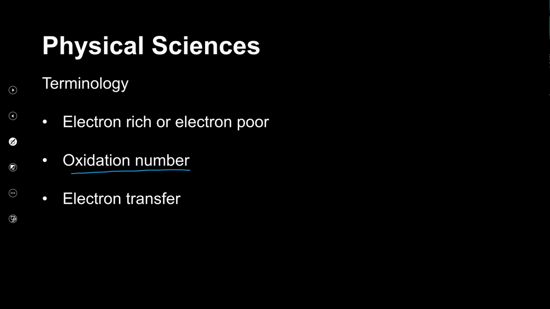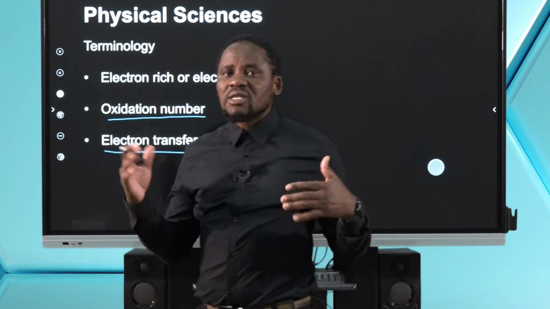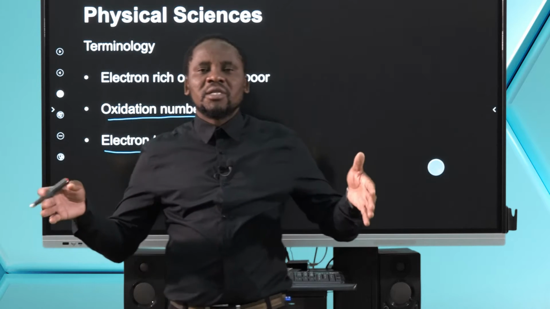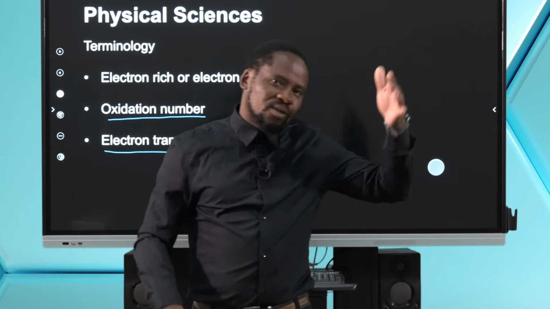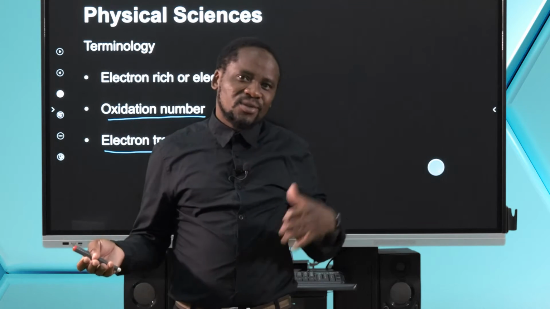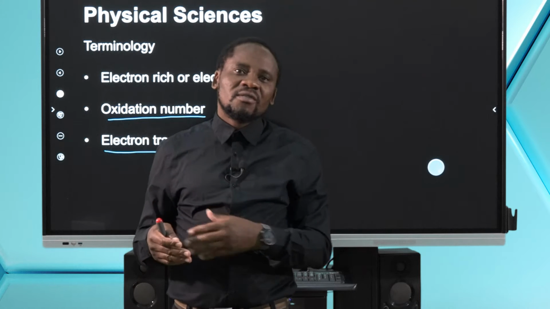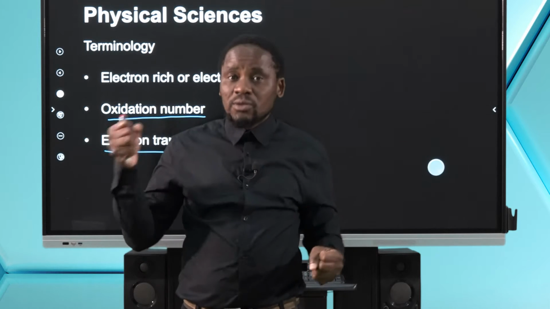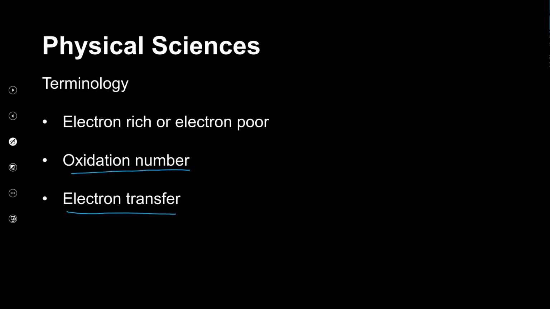And then we'll also look at electron transfer. If we talk about transfer, it means there must be one species that loses while the other one gains, to facilitate that transfer from one species to the other, right? So these are some of the key terms.